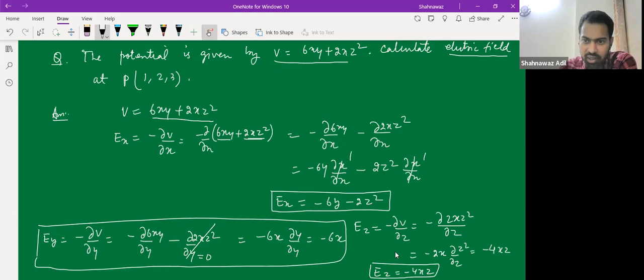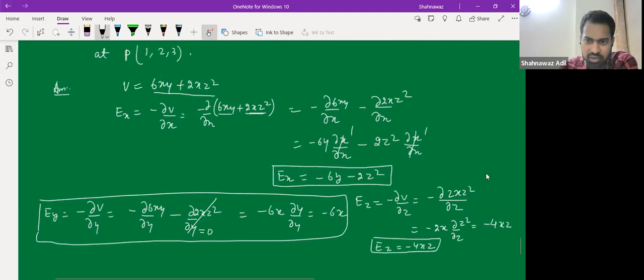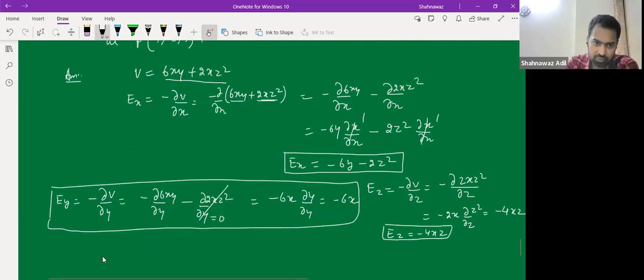So our electric field would be how much? E would be Ex i plus Ey j plus Ez k, and this is a function of x, y, z, right?